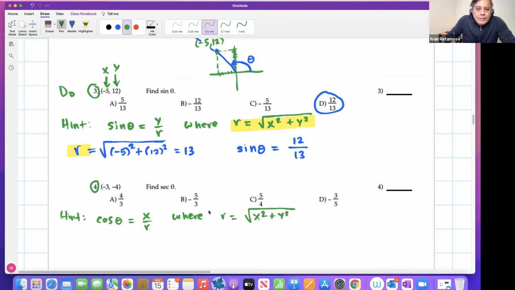We can compute cosine first. This is our x, this is our y. And once you compute cosine, then secant is just the reciprocal of cosine. So you flip cosine, or you can just directly say this is r over x.